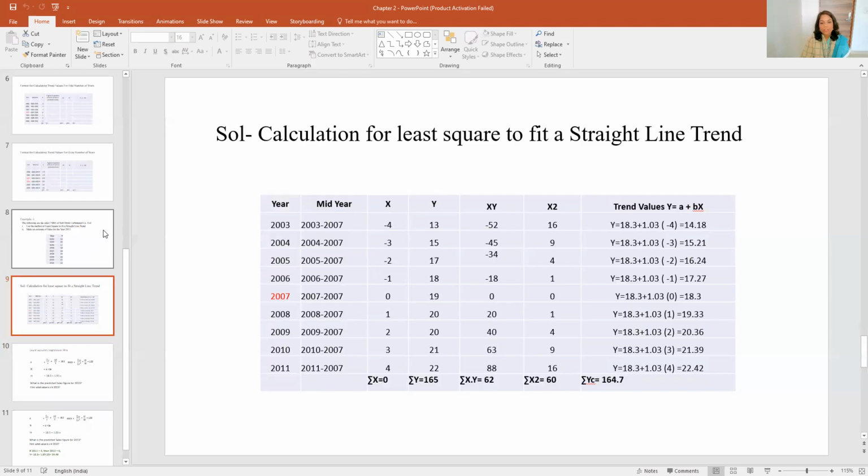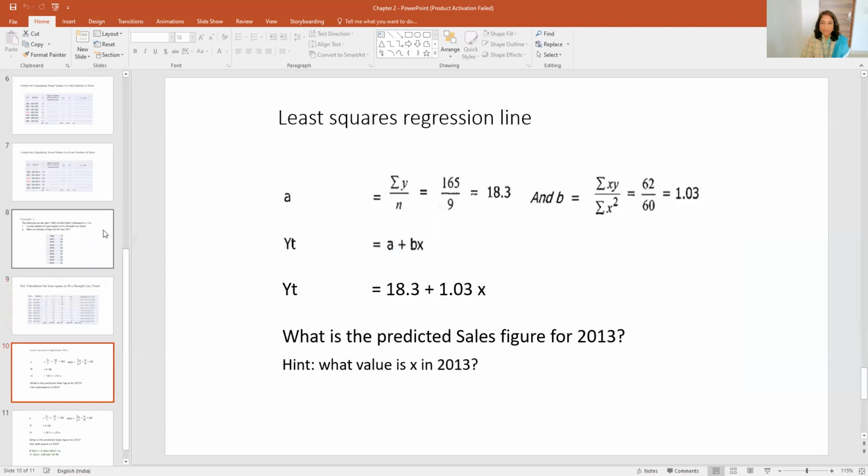Summation of XY we got as 62 and X square is 60, so it gives 1.03. Since it is a trend line equation, Y is sometimes represented as YT. So YT is A plus BX. We have calculated A as 18.3 and B as 1.03. So the straight line equation for this question is Y equals 18.3 plus 1.03x. This is the answer to your first question.